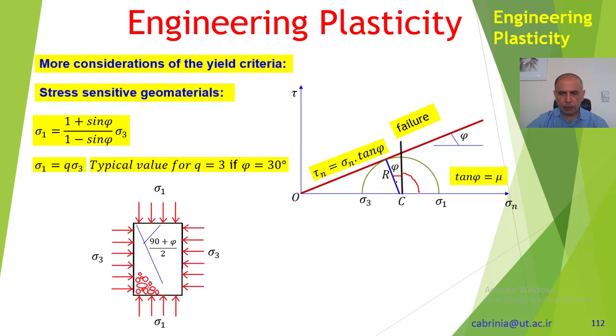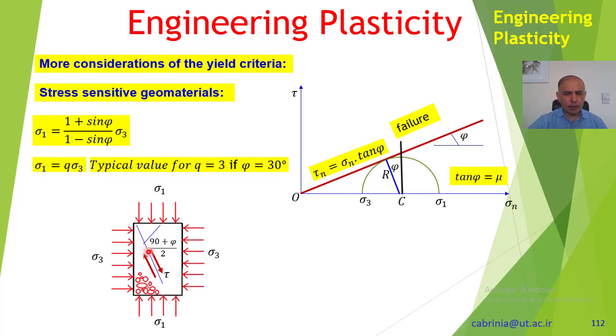Okay, so that angle is 90 plus phi, and in the Mohr circle space the angles are twice the angle in the physical real space. So that's (90 plus phi) divided by 2, and that's where the shear stress happens.